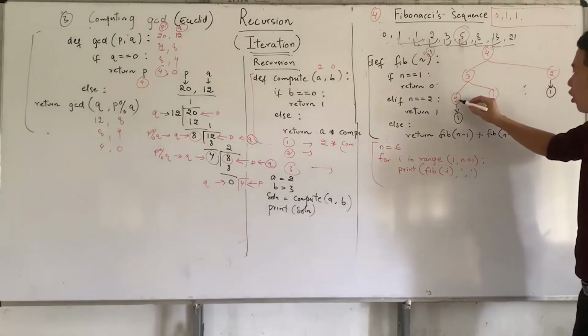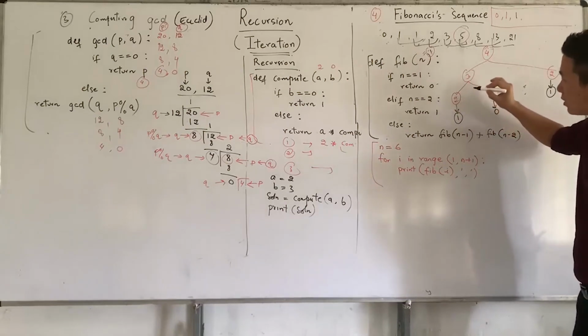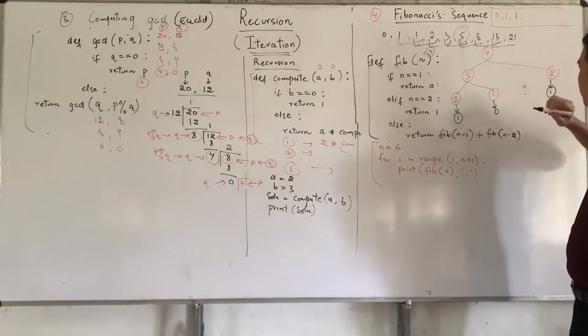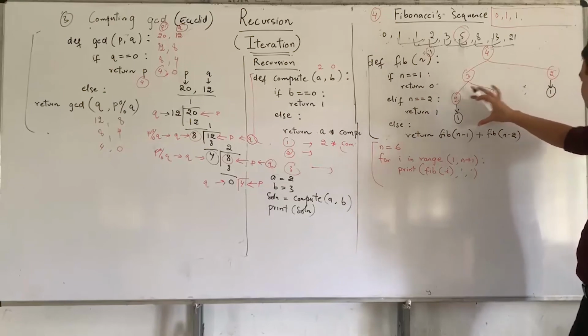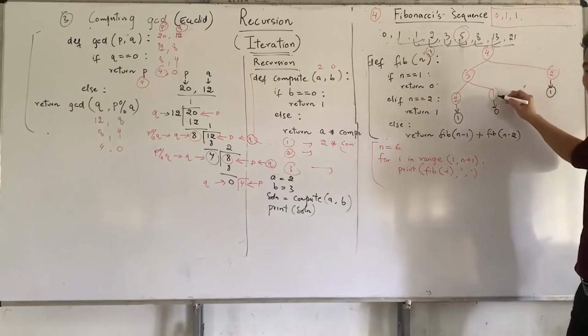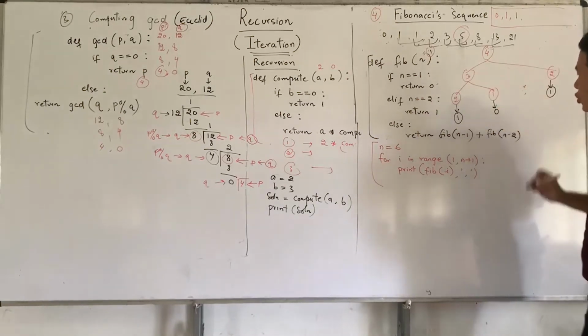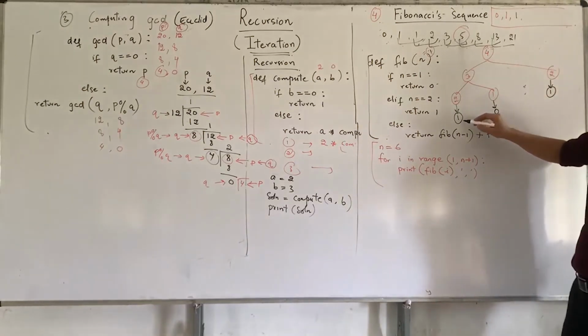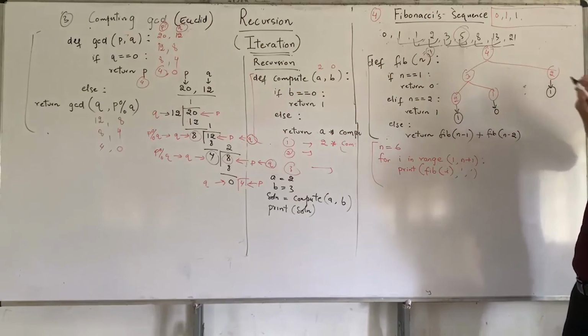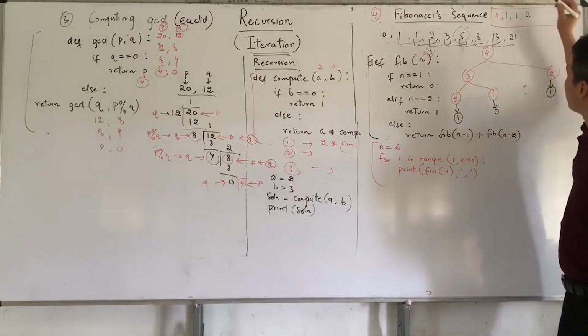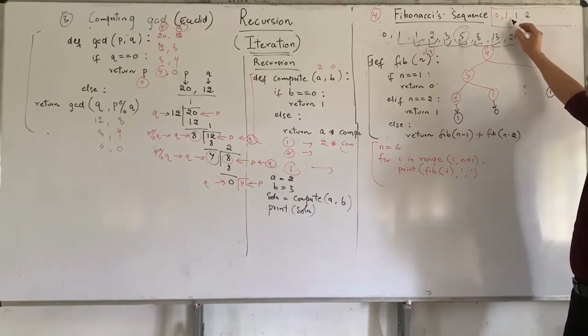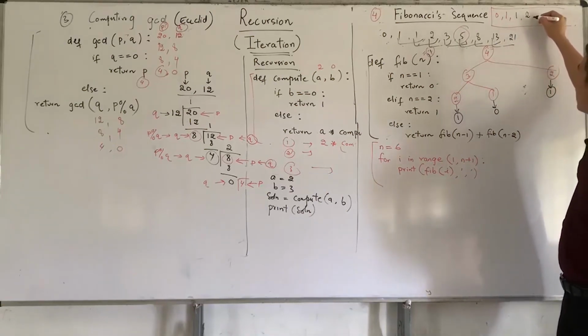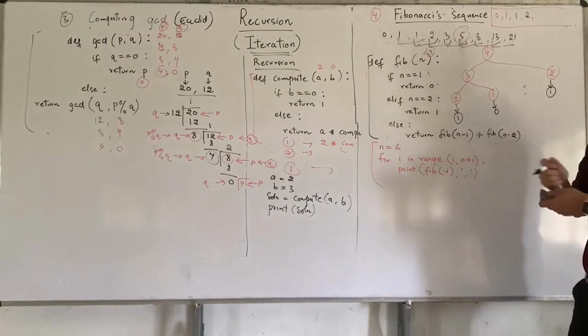So the function call with the value 2 will give us 1, as evident in these two cases. The function call with the value of 1 will return 0. So you have 3 values which are being returned, and then finally when you try to add it, 1 plus 0 plus 1, you will get the answer as 2. Again, if you just try to check by adding the two preceding numbers, you will get the correct answer as 2.